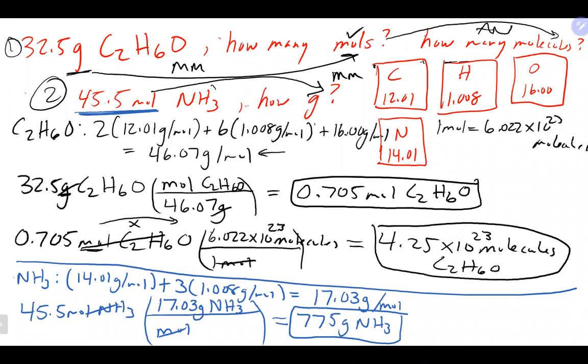Yeah. So Avogadro's number, the 6.022 times 10 to 23, the units that go with that number can really be anything. Most often in chemistry, we'll use atoms if it is atoms.